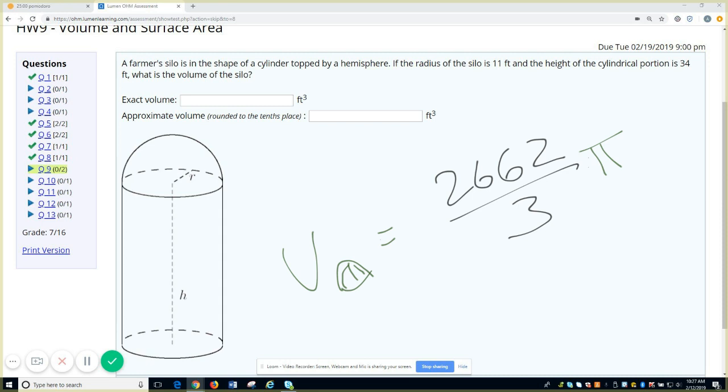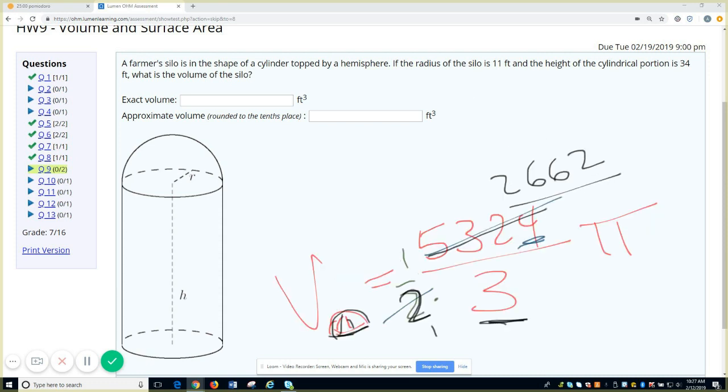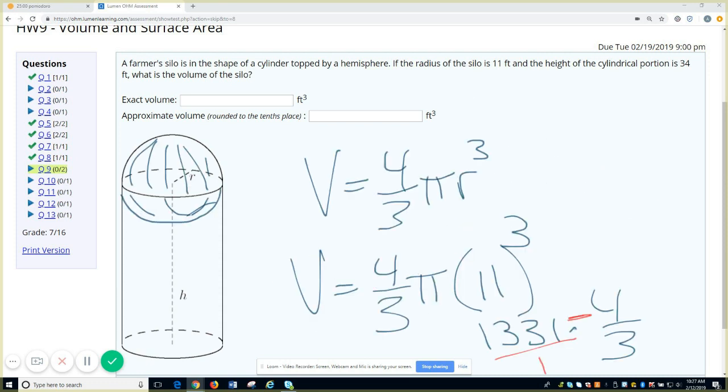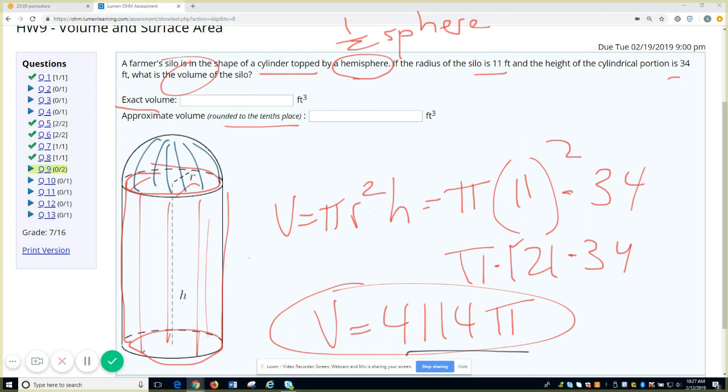So this is my volume of the hemisphere. This is my volume of the cylinder. All right, so now we have to combine them together.